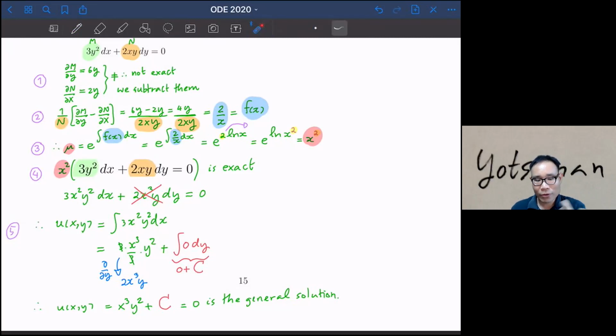However, for this one, the non-exact equation turned out to be in the form where dM/dy is not equal to dN/dx, and you're going to be able to obtain it by finding the integrating factor mu. Let's conclude before I give you more examples.